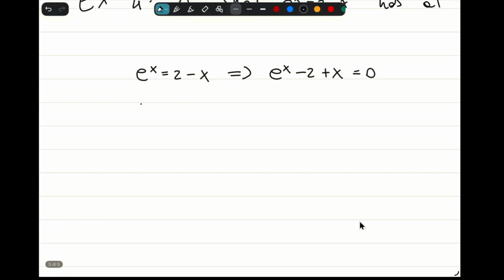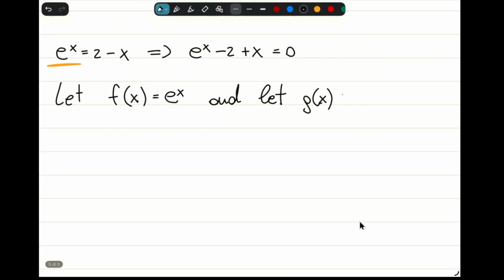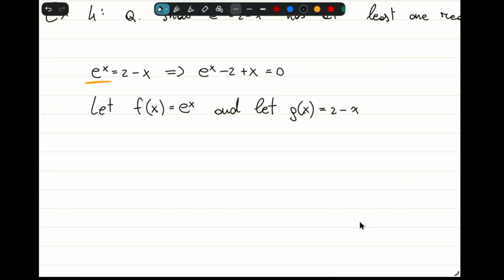Now, going back to our previous image, let's take the function f of x to be e to the x, what is on the left side, and let g of x be 2 minus x, what is on the right side of the symbol.